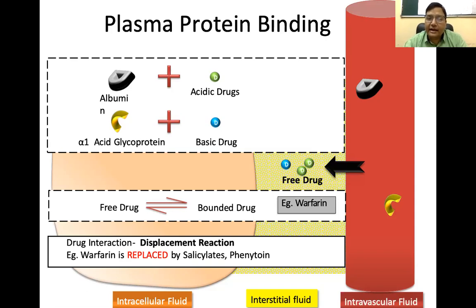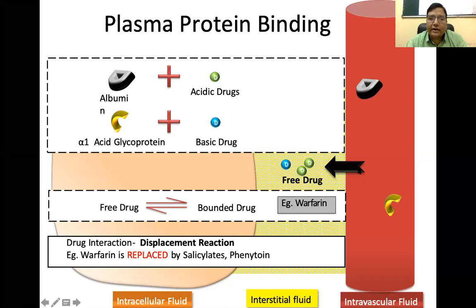Only the free drug will move out of the vessels and go to certain sites of the body, or to the binding sites. There they can be stored, or bind to their receptors, or some mechanism can occur, and they produce different effects, like an analgesic effect.